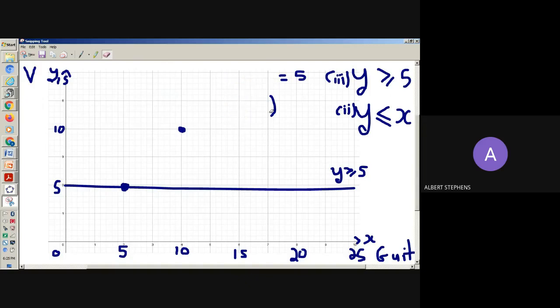So I get (5, 5) and (10, 10). As a matter of fact, if I choose x equal to 0, y is also equal to 0. So you're going to have a line like this. It's going to go straight through the center. And that's my line, y is less than or equal to x.